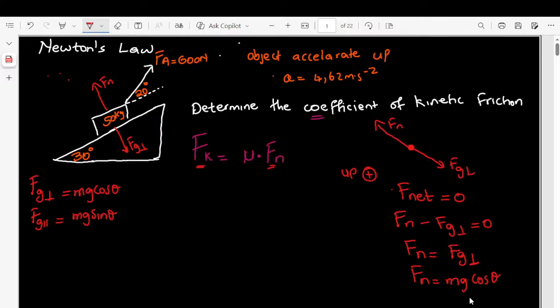But now, there's one force missing. Can someone please tell me in the comments? We are missing one force. Remember, the force is applied at an angle, so the normal force will be reduced. Which force are we missing? I forgot, and this is the same mistake that you can make in an exam.